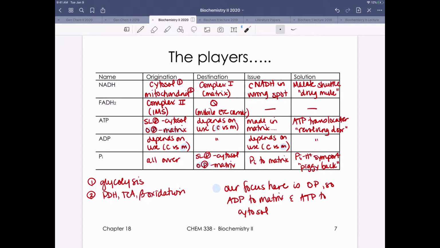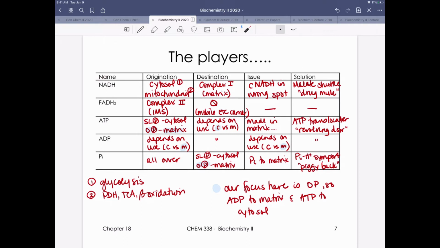What's important to highlight is that for many of these very important species, you can't actually move that species directly across a lipid bilayer. You might have to disguise it as something else, or there's a very specific channel that allows it to be transported. In the case of NADH, we're going to use the malate shuttle, and we've equated this to thinking about it being like a drug mule.